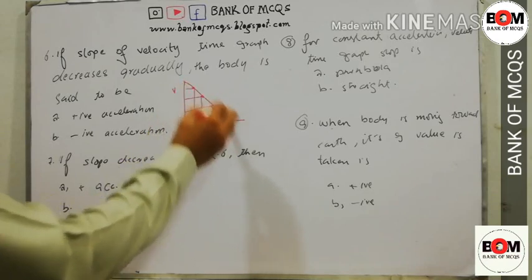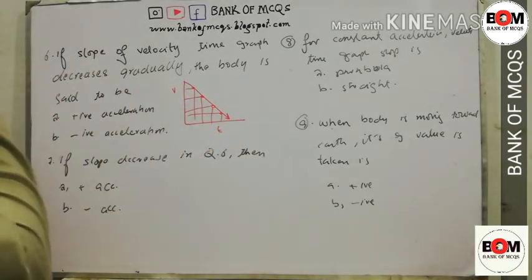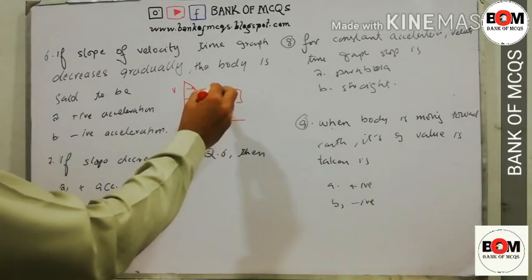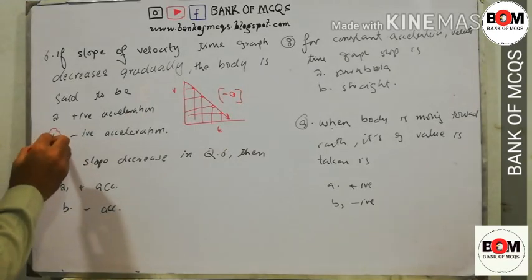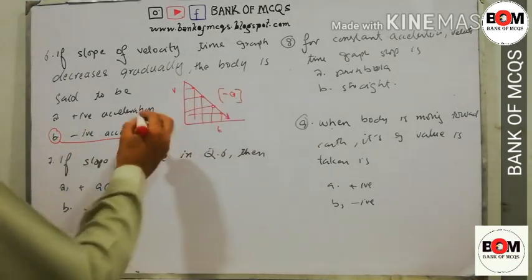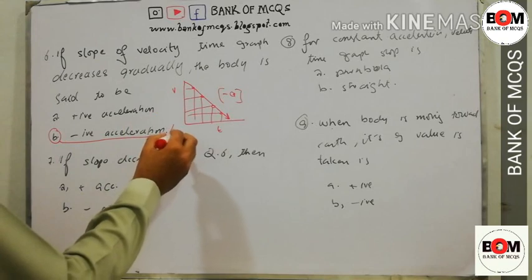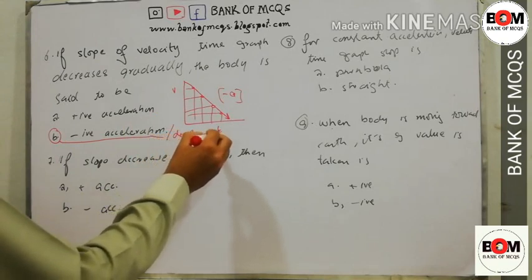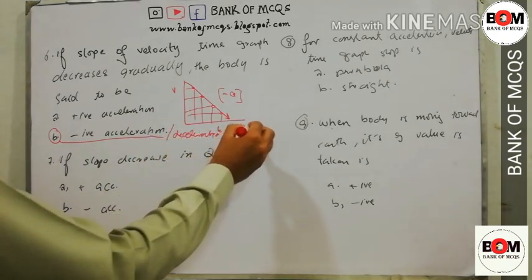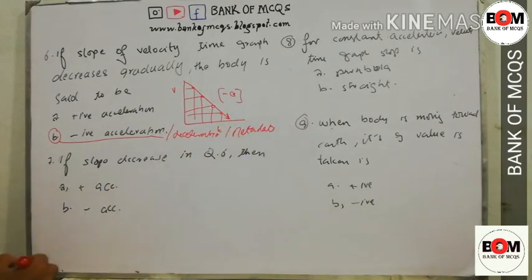As the velocity is decreasing, the acceleration is called negative acceleration, also called deceleration or retardation. Option B is correct.